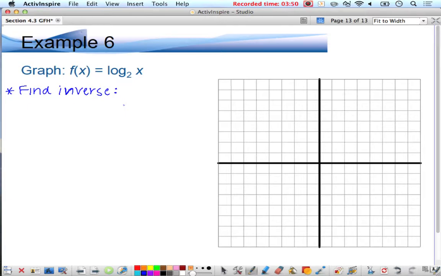Because it's a logarithm, the inverse is just y equals 2 to the x. As long as it's a very basic function with no shifts, no reflections, no translations, the inverse is just the exponential with the same base. Then make a table for the inverse.